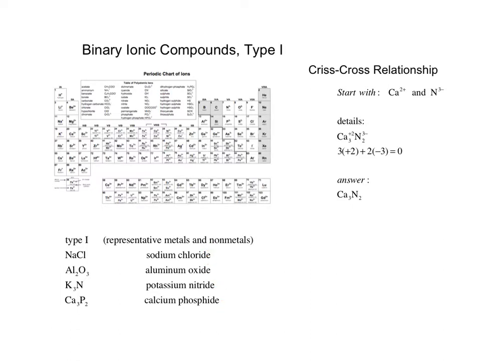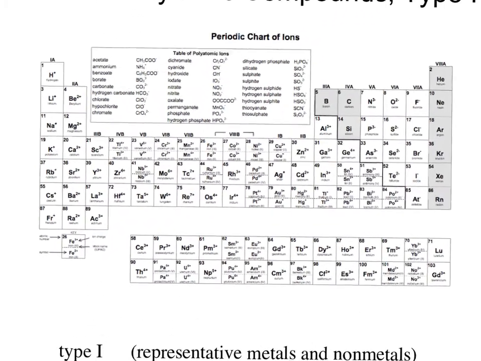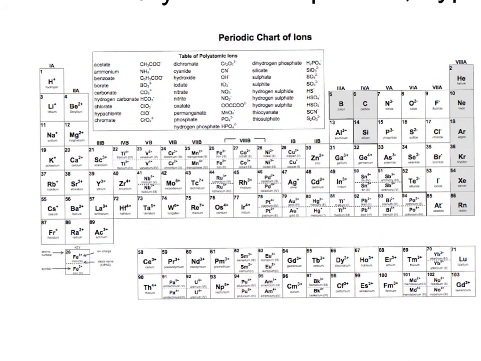And now if you want to figure out the formulas, you need to know a little bit more about the charges. So let me blow this up a little bit. The charges are given here, but they're not given in most periodic tables. So you need to know that this is going to be +1. This will be +2.